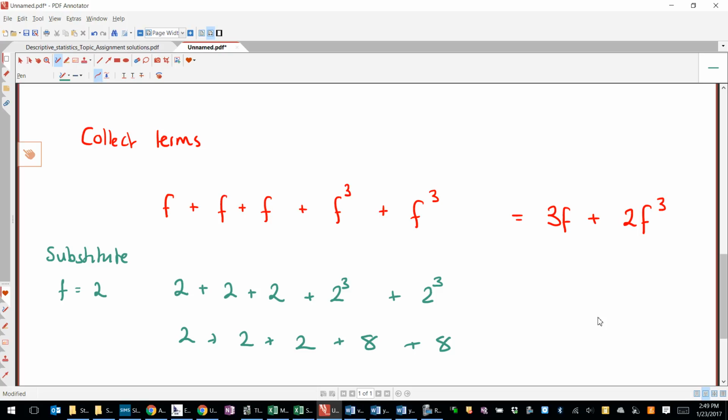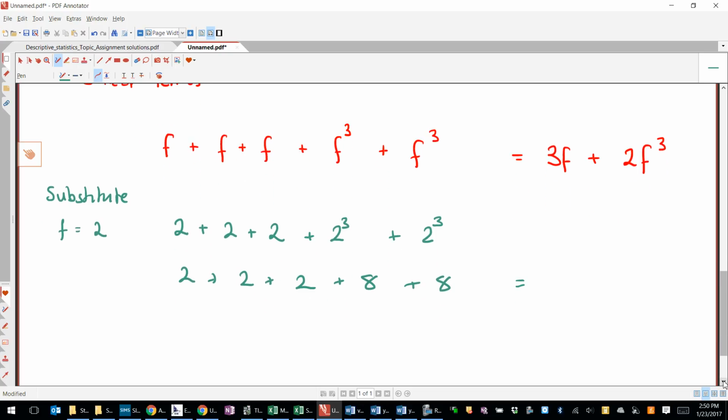So how would I write this simpler, but without actually doing it, Laura? Not do the 6 plus yet, not doing the answer, just 2 times 3. Can I do 3 times 2? Yeah. Times 2 times 8. Plus 2 times 8.